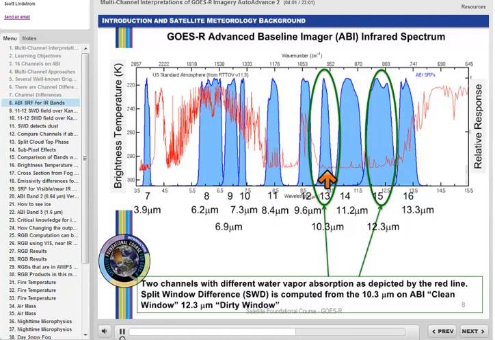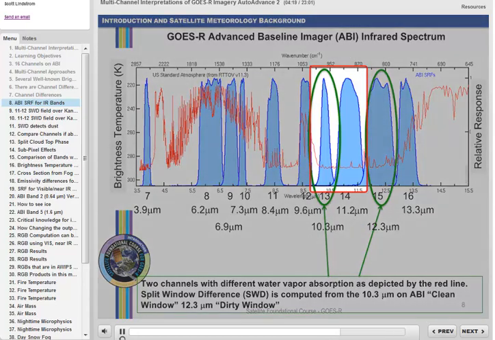How does that particular channel compare to the closest ABI channels, 13 at 10.3 micrometers and 14 at 11.2 micrometers? The 10.3 micrometer channel on ABI is cleaner. That is, there is less water vapor absorption, and it's narrower than the 10.7 micrometer channel on GOES 13, 14, and 15. The 11.2 micrometer channel is also narrower than the 10.7 micrometer channel, but it has similar amounts of water vapor absorption.